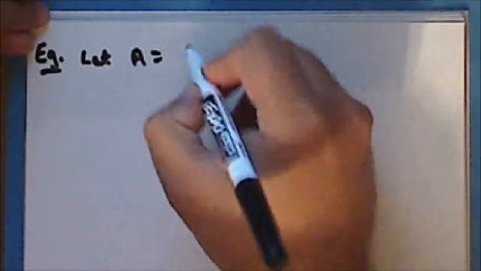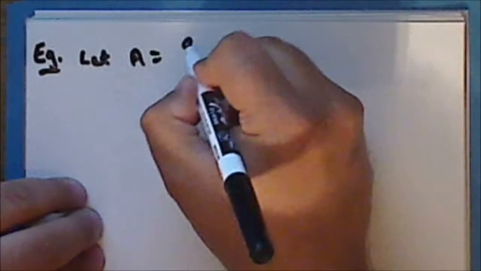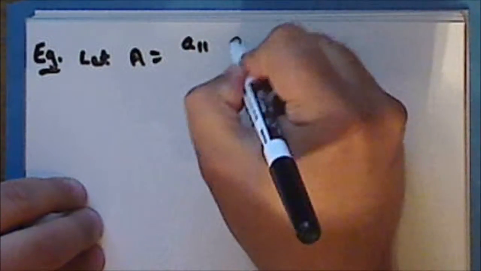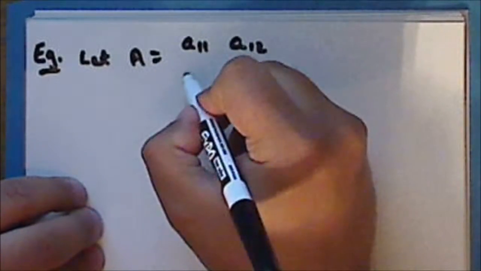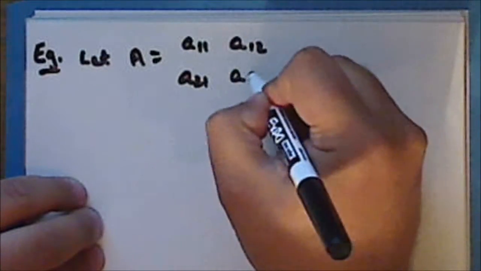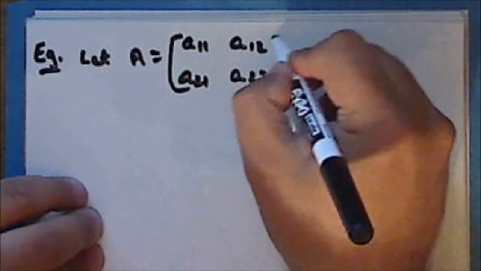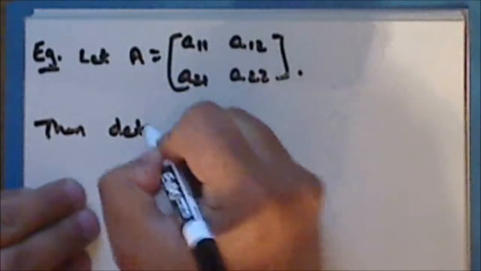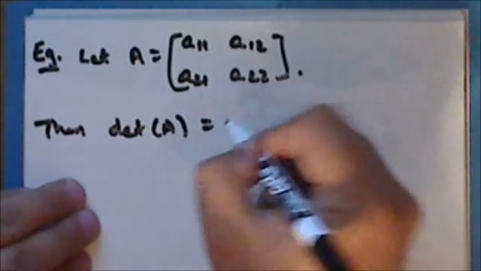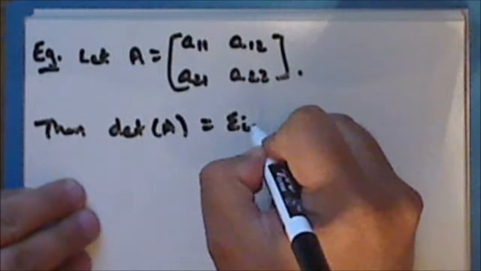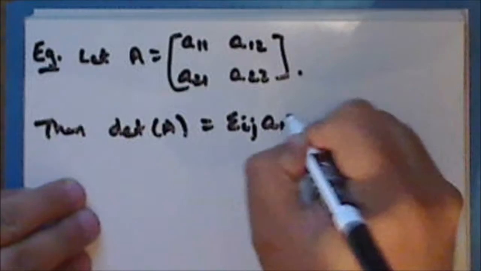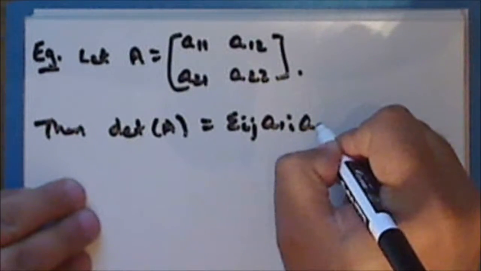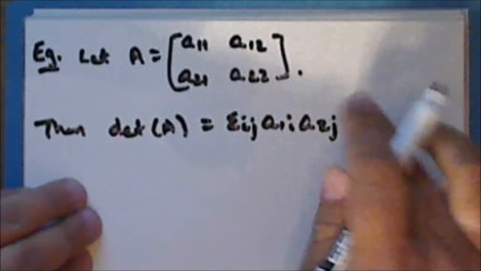Let A be the 2 by 2 matrix with rows a11, a12, a21, a22. Then the determinant of A is epsilon sub ij, a sub 1i times a sub 2j.